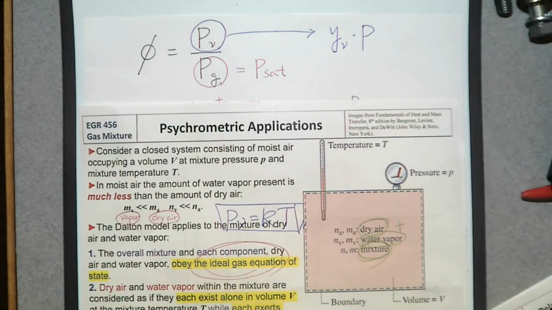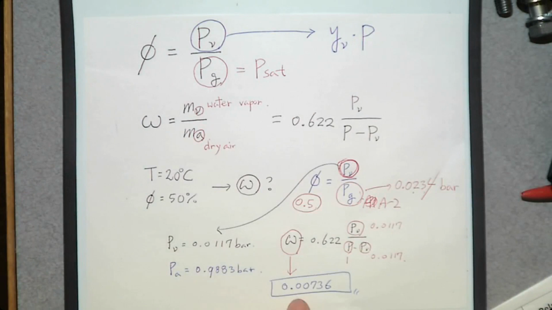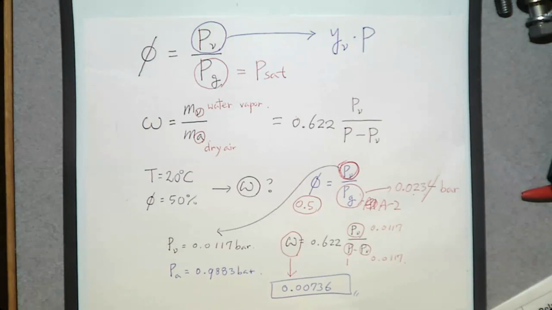So omega, humidity ratio, is mv over ma. So usually humidity ratio should be a very small number because the mass of water vapor is very small compared to the mass of dry air. So usually 0.00 something. If you get a large number, that means you made a mistake.